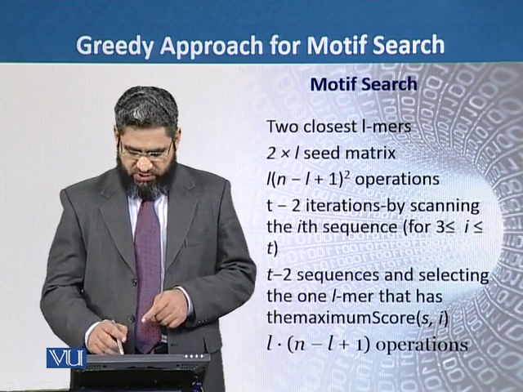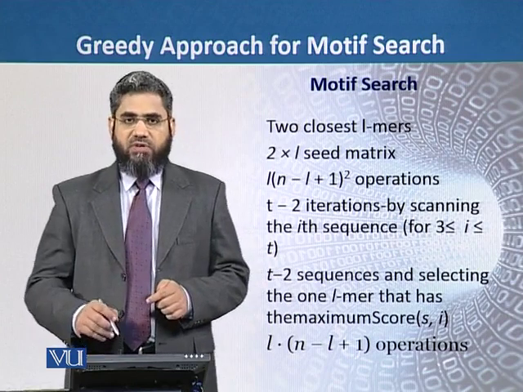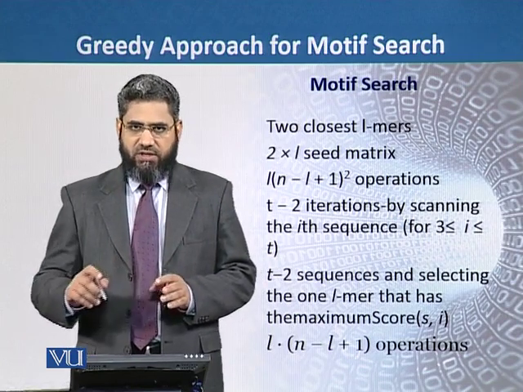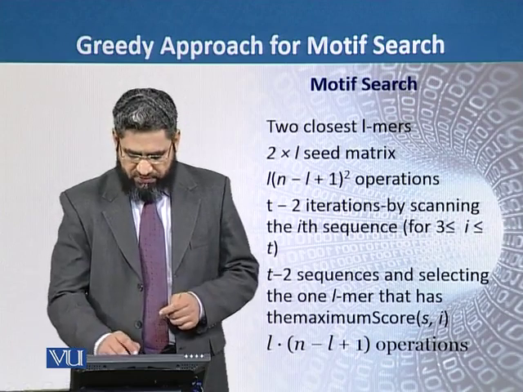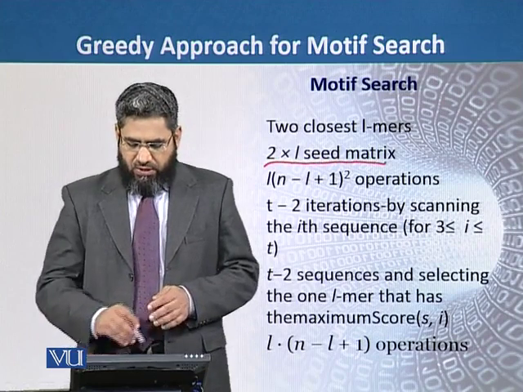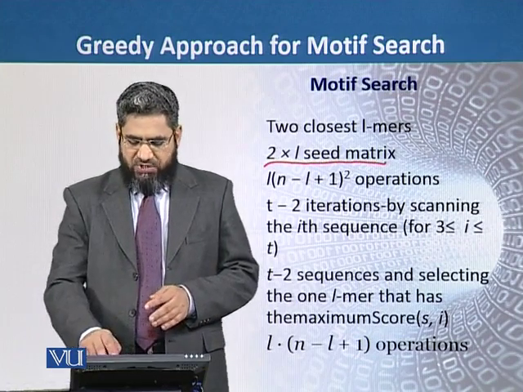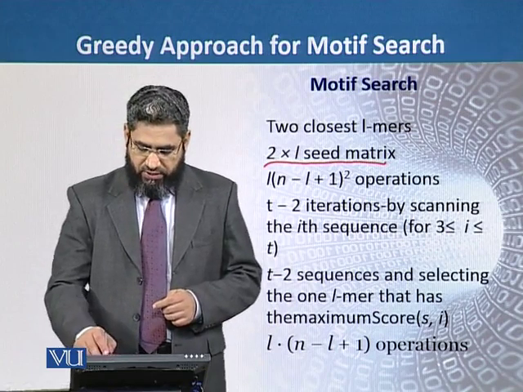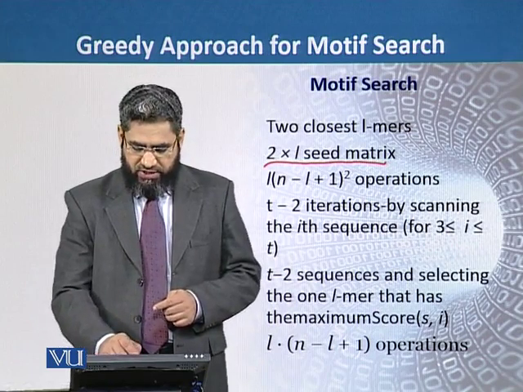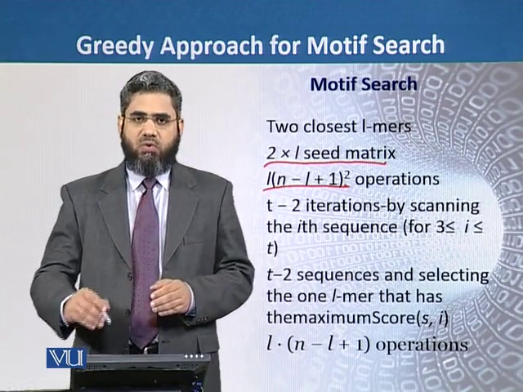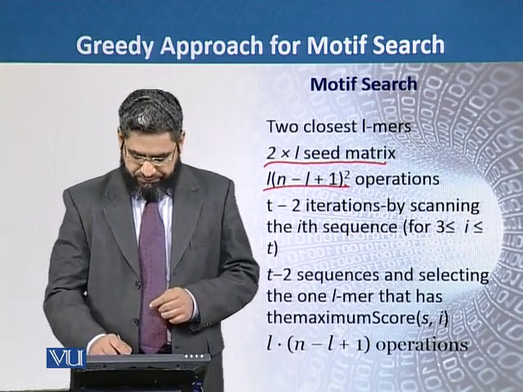The motifs it searches for will be the closest motifs in reference to the sequence. After finding the motifs, it provides the 2 × l seed matrix, and for this seed matrix it needs this number of operations.